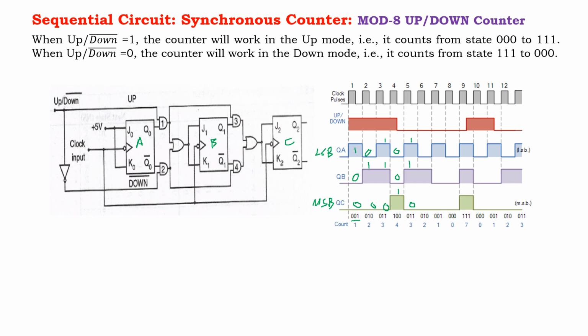So very simple, it will count from 3, because when it is 0, the toggling case will occur. J1 K1 should be 1, so then toggling will occur. So here the toggling will be there. This is 0 to 1, this is 0, this is 0 to 1, and this is 1, then this is 0. For this reason we will get 0 1 1 here.